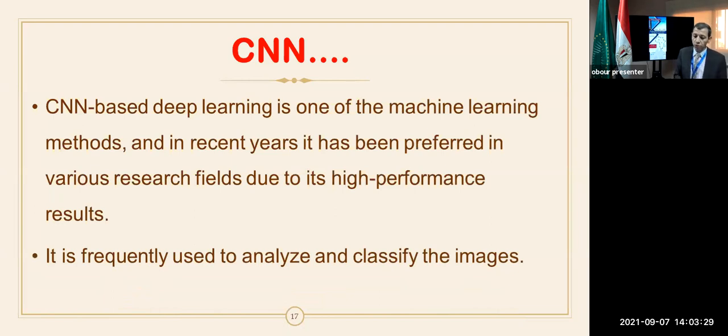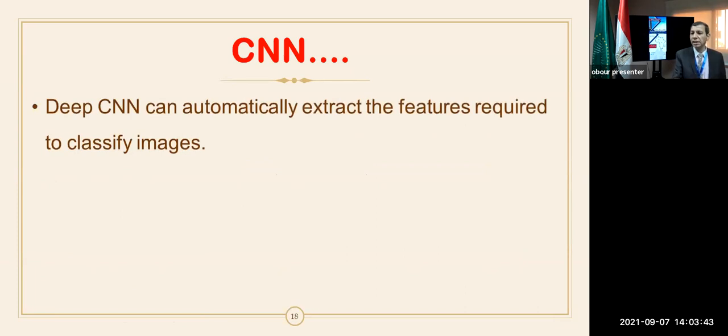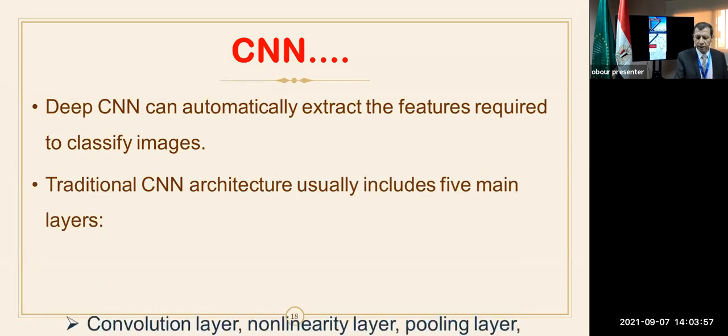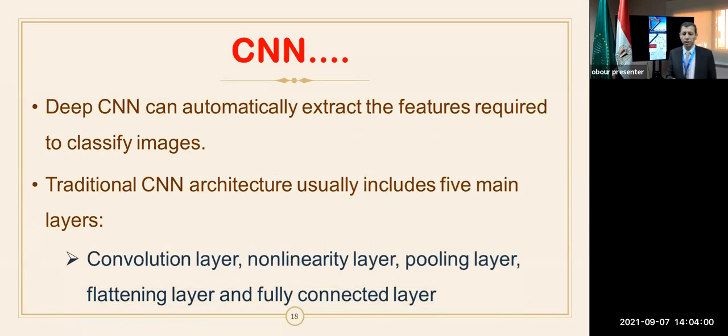It is always used in image classification by extracting most features of an image automatically and using these features to classify and detect the type of image. The traditional CNN architecture includes 5 main layers: a convolutional layer, a non-linearity layer, a pooling layer, a flattening layer, and a fully connected layer.